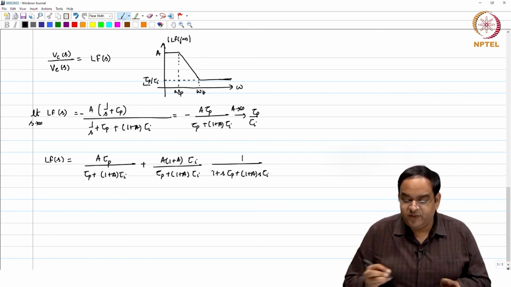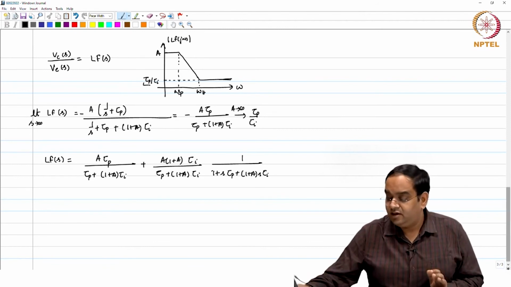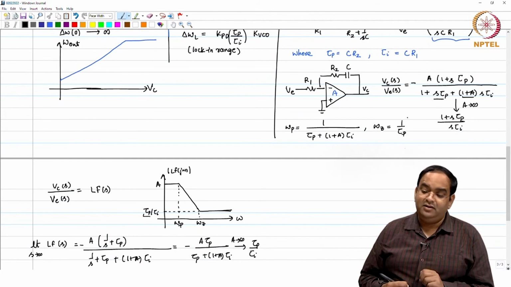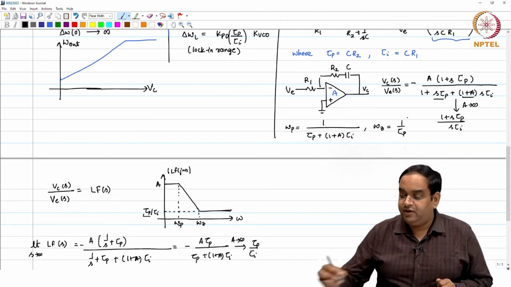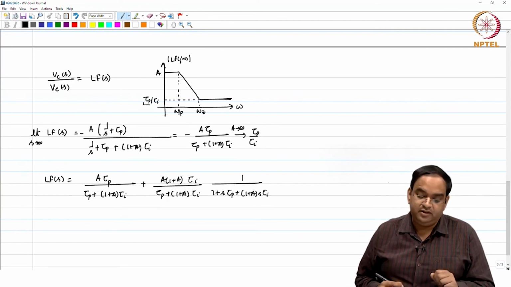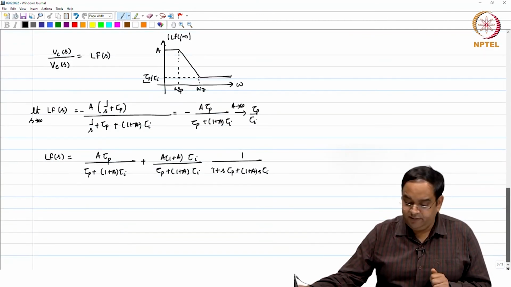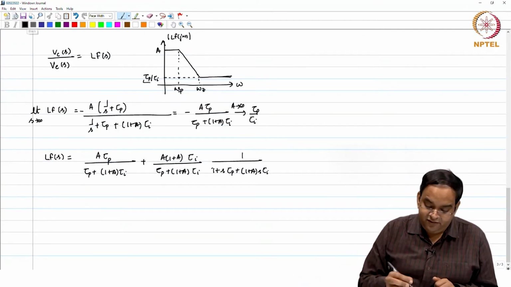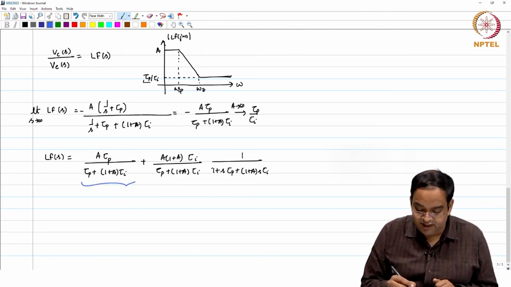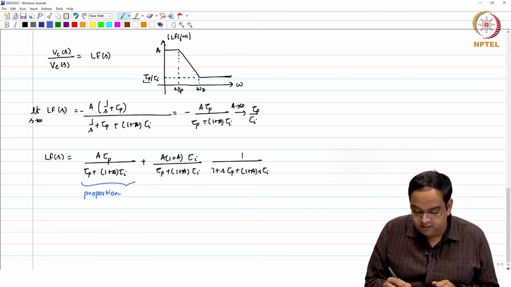See, doing all this math is just to help you understand that when you have a non-ideal op amp, because of the gain of the non-ideal op amp, your actual loop filter gain changes, and effectively I can say this is only a proportional path gain.